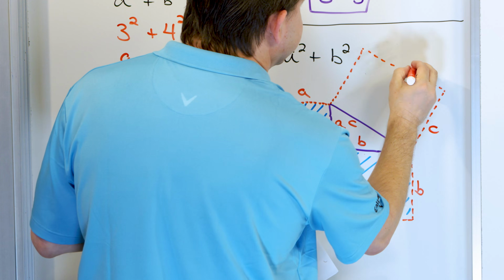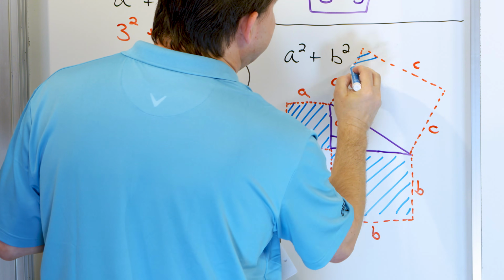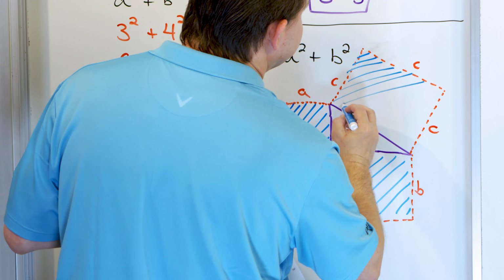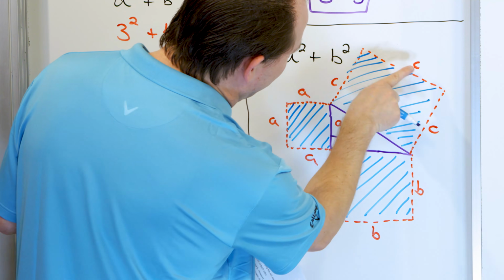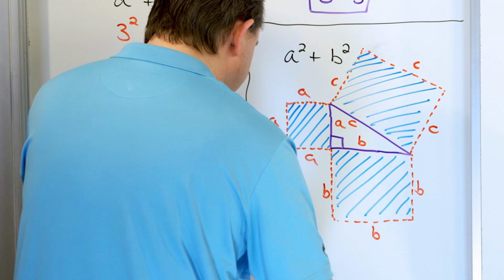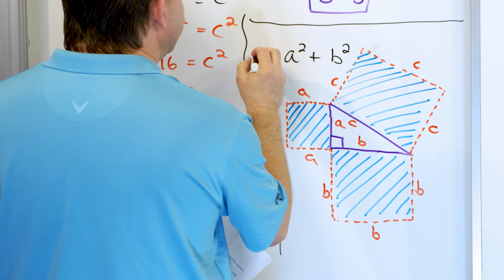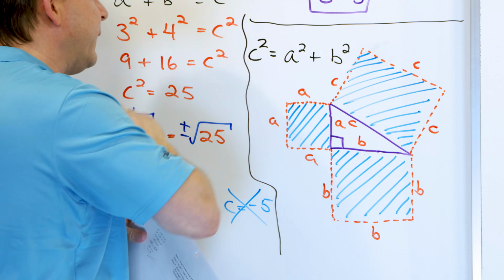Then this is C, and this is C, and this is C, and so on. So then we have the area of this third side, the area of a square, and this looks more rectangular. Sorry, it probably should go out a little farther. Something like this. So what we have here is C squared is equal to A squared plus B squared. It's the same thing. We just flip it around, right?